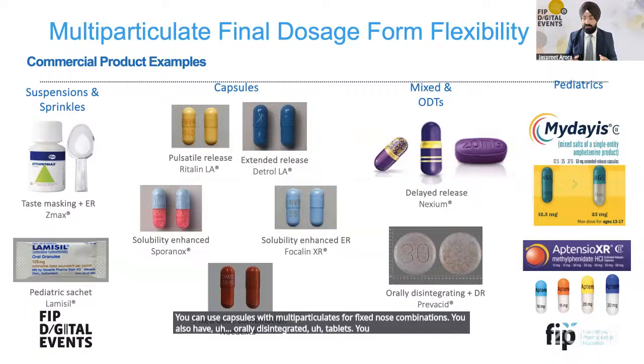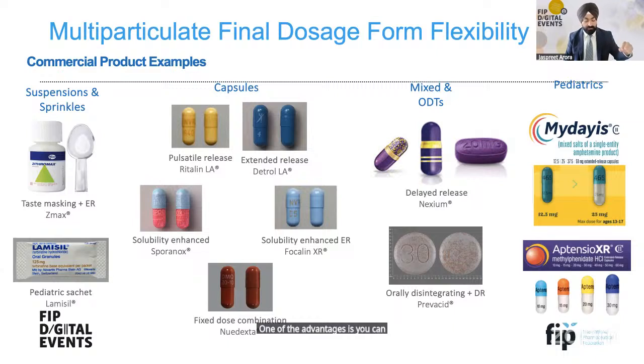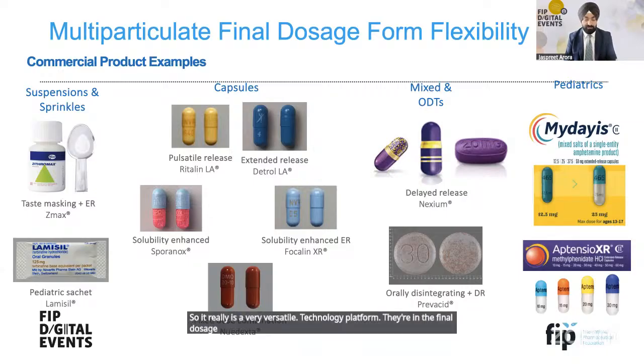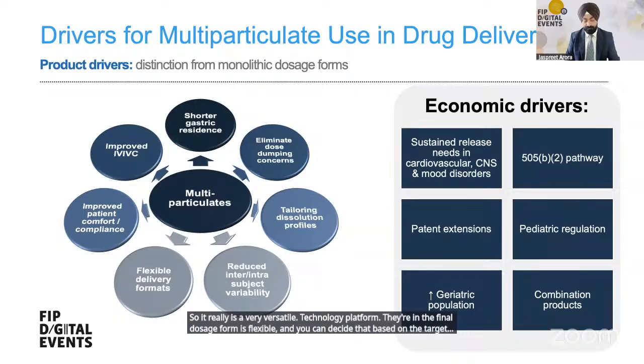You can also have mixed salts in tablets. And one of the advantages is that with the same drug product intermediate, if you make a certain bead, you can fill it at a different weight and hence a different dose to get different strengths of the same medicine. So it really is a very versatile technology platform wherein the final dosage form is flexible and you can decide that based on the target product profile.